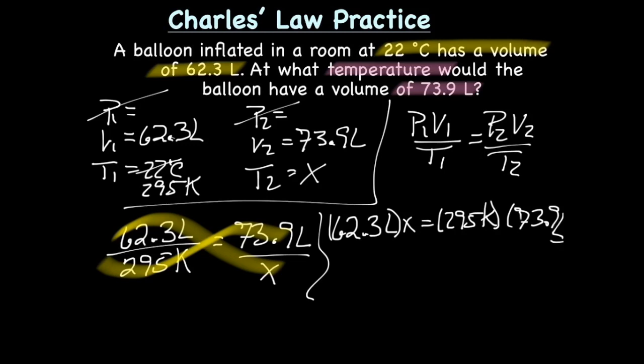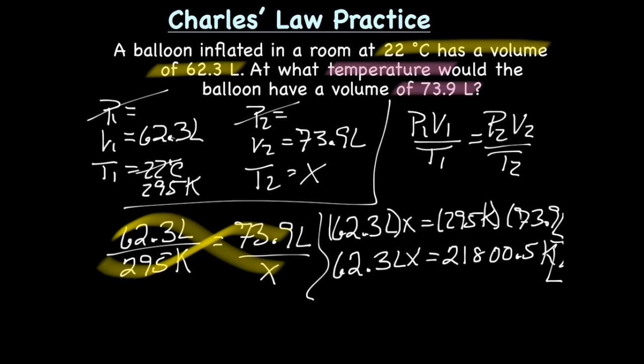All right, so when we multiply, I end up with 62.3 liters X equals 21800.5 Kelvin liters. There's a liters there.